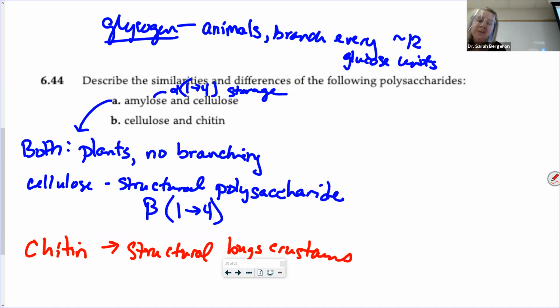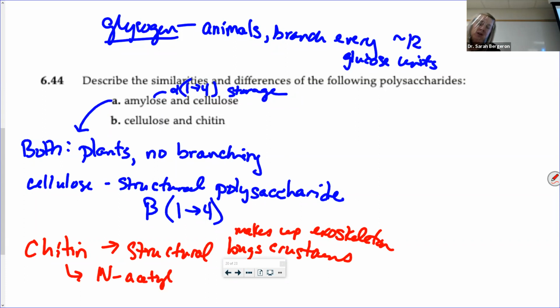They're hard, it makes up the exoskeleton. And it actually has a unique sugar moiety. It has an N-acetylglucosamine instead of a glucose. You don't have to spell it.